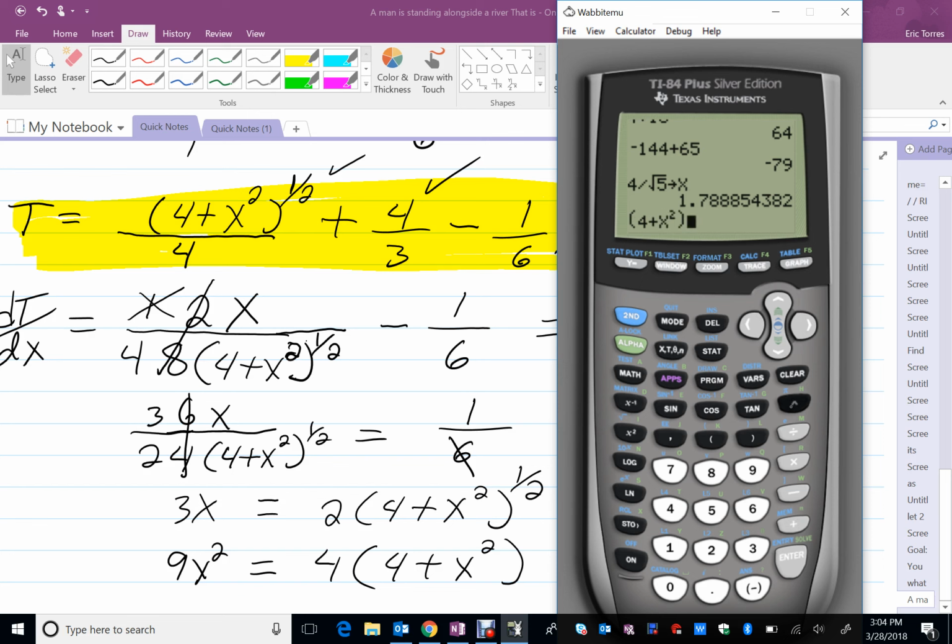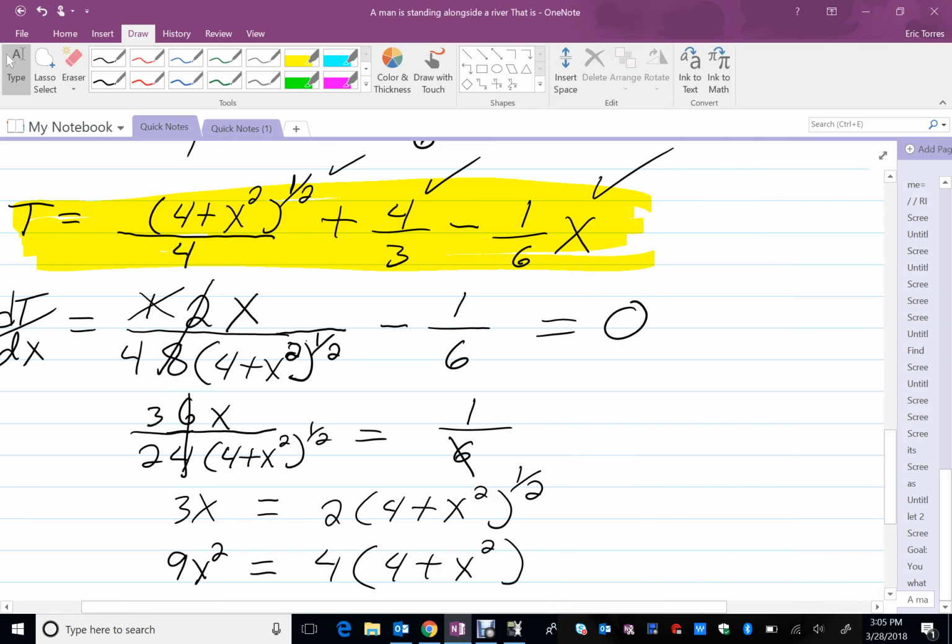I probably should have just made that a radical, but oh well. 1 divided by 2, all divided by 4, plus, actually I'm going to go back to the original, 8 minus x divided by 6. So when I plug in my critical point, I get 1.706.